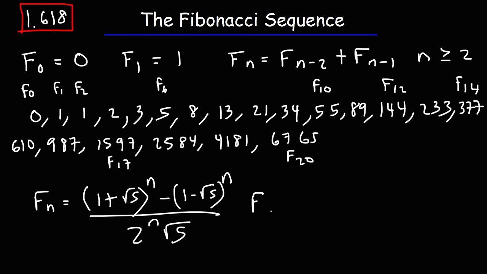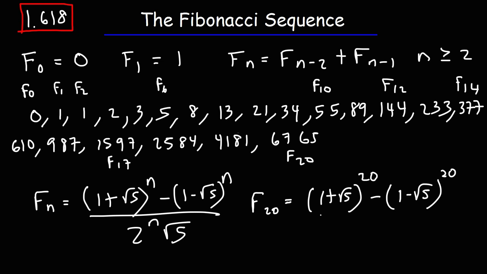So if we want to calculate f sub 20, it's going to be 1 plus the square root of 5 raised to the 20th power minus 1 minus the square root of 5 raised to the 20th power divided by 2 raised to the 20th power times the square root of 5.